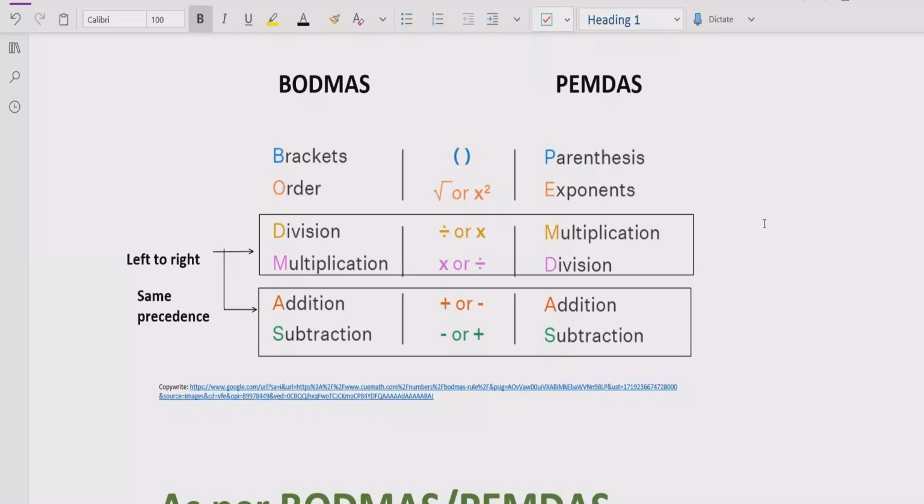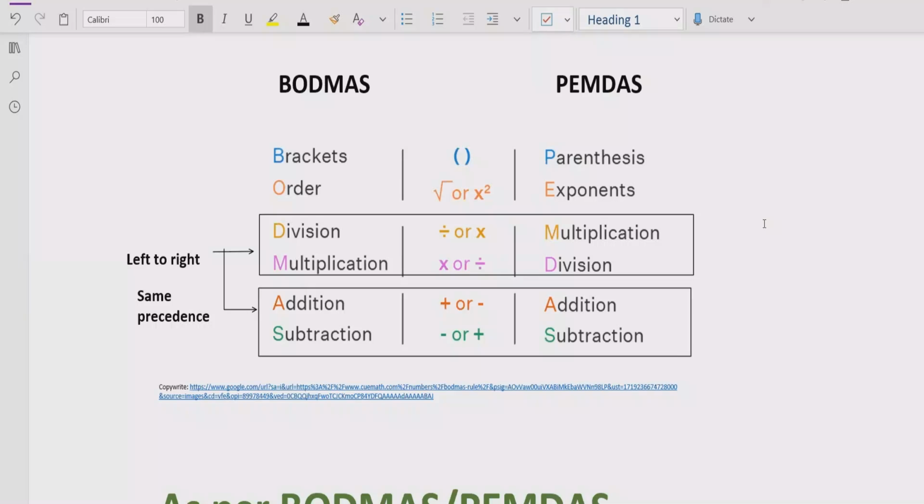It means that if your expression contains any bracket or parenthesis, you have to solve that part first in your expression. Step number 2 is you have to see the power of any number, if your expression contains any number which has the power. So you have to solve that part after the bracket.